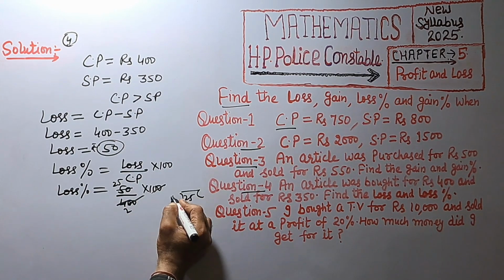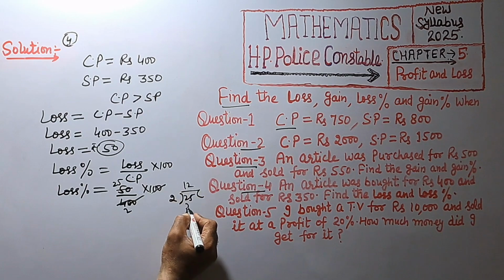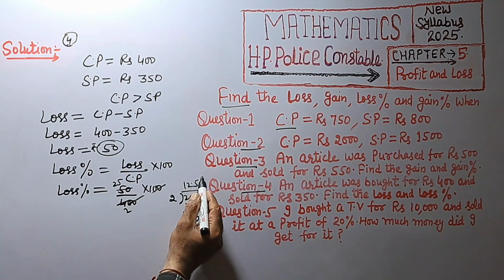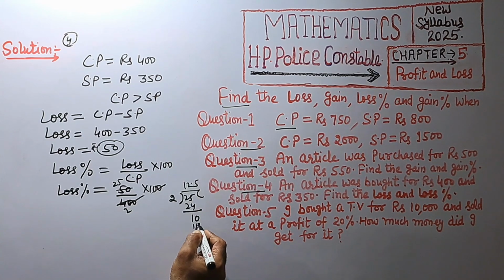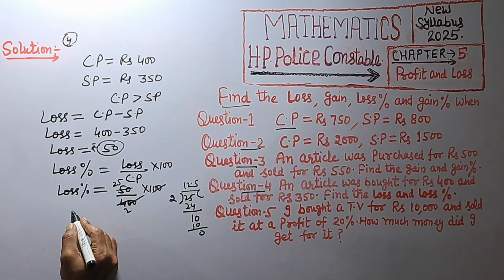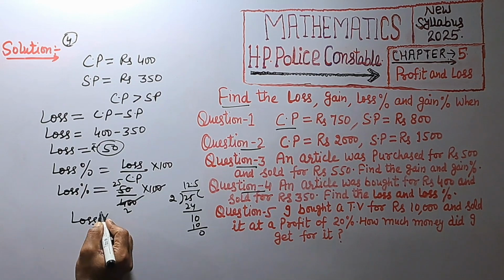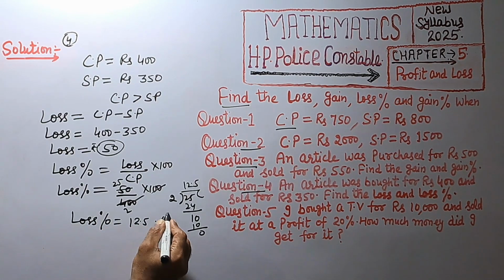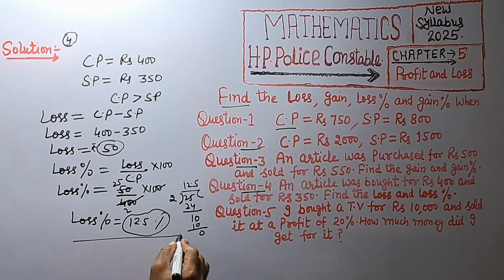So 25 divided by 2, 12 2s are 24, 1.0, 5 2s are 10. Loss percent equal to 12.5%. Answer.